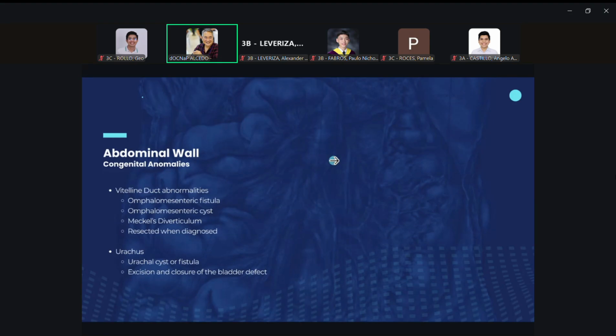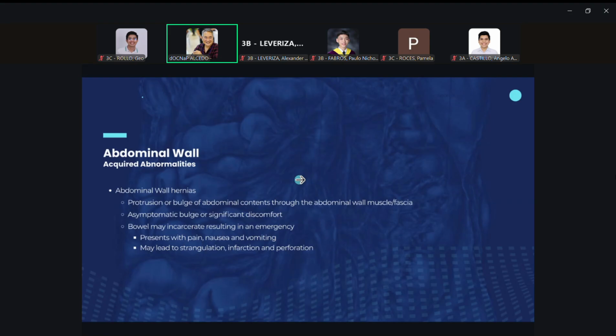Well, you have vitelline duct abnormalities, your omphalomesenteric fistula. All of this, you have to read on. And of course, your urachus, which can be either a cyst or a fistula. Acquired abnormalities, we will dwell on this a bit. These are your abdominal wall hernias.